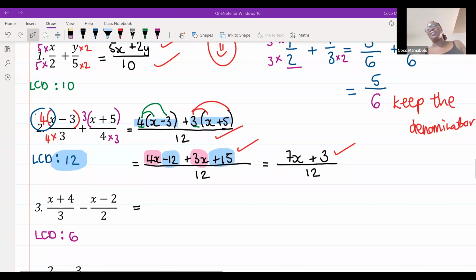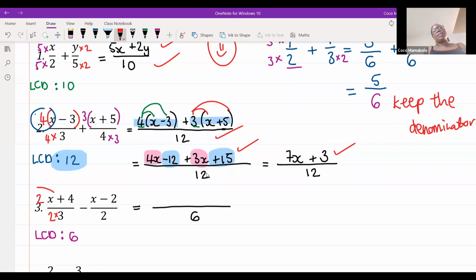Hi, Nonkululeko. Hello, ma'am. Hi, my sweetie. All right, we've already got our LCD. Help us finish this question up. All right, so I'm going to keep my denominator 6. What did I do to 3 to make it 6? Ma'am, you times it with 2. Good. And what I do on the bottom, I need to do at the top.